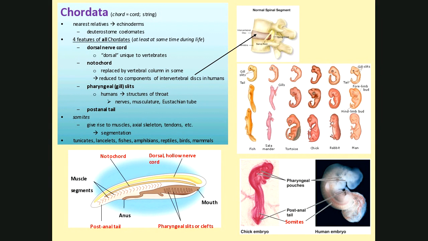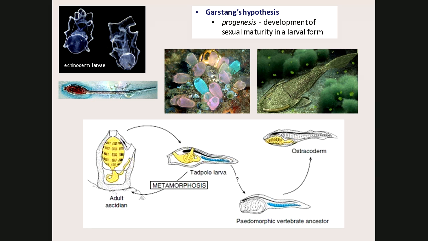All right, now let's go back for just a second to this whole echinoderm larval form and being the ancestor of chordates. This is a review of that paedogenesis and paedomorphosis. I remind you once again, in the upper left, there is the echinoderm larva. It's bilateral.